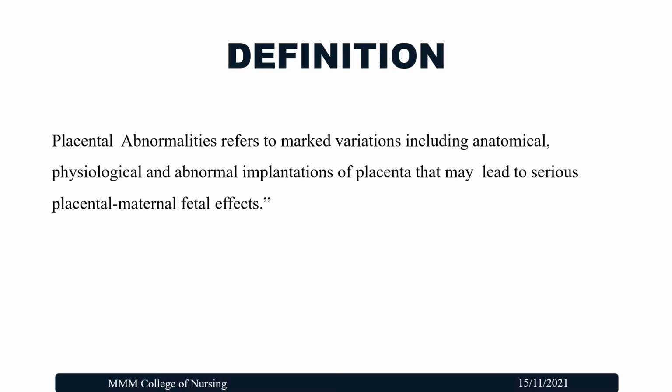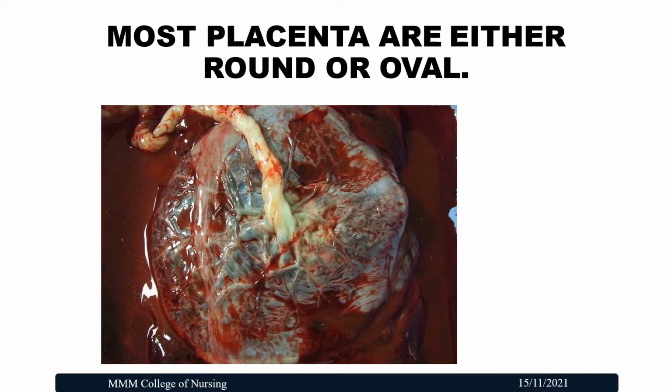So there is a marked variation, anatomical or physiological, and/or abnormal implantation of the placenta. You can see a normal placenta here. Most placentas are either round or oval.